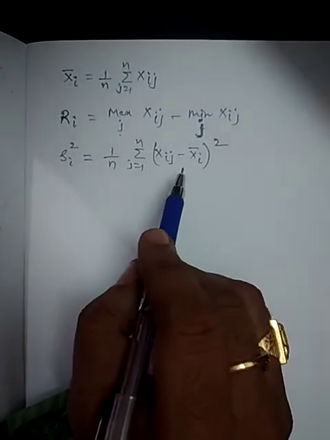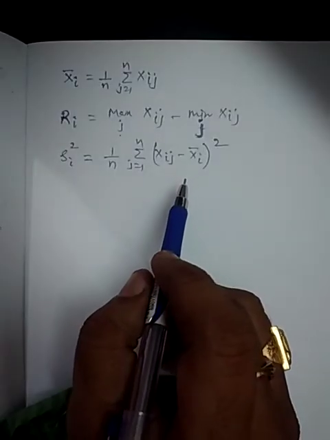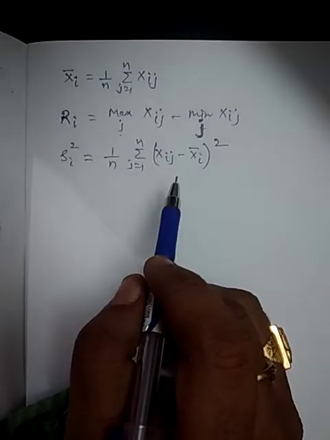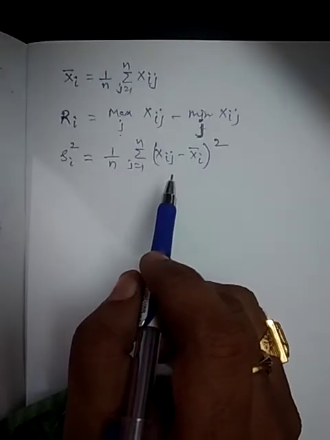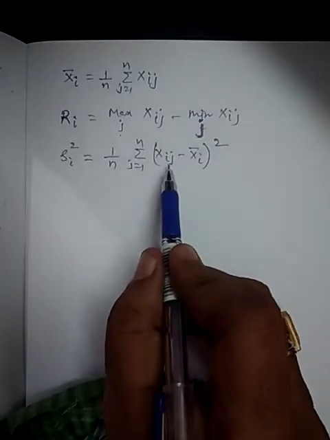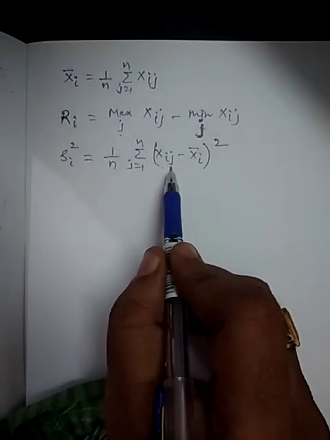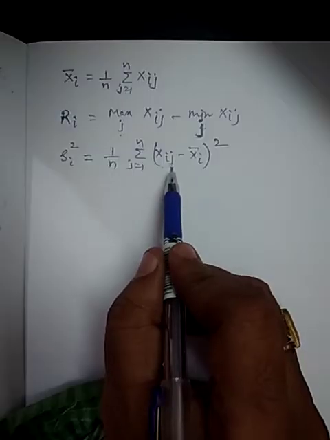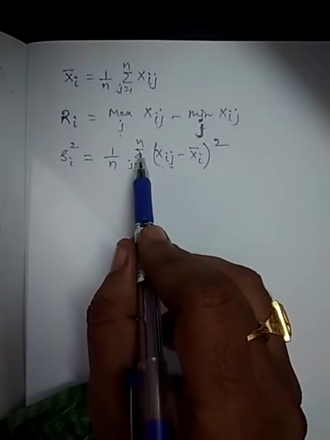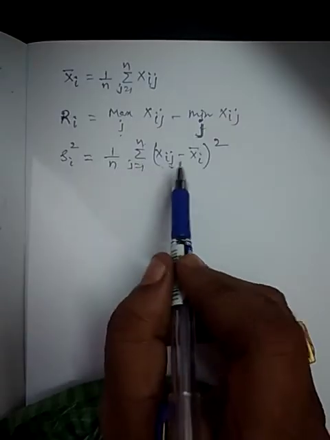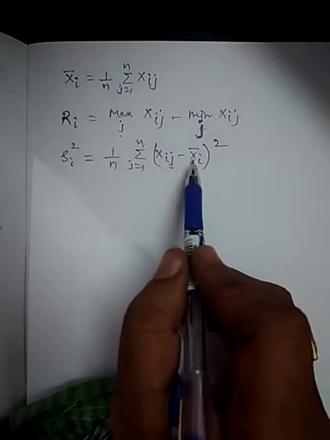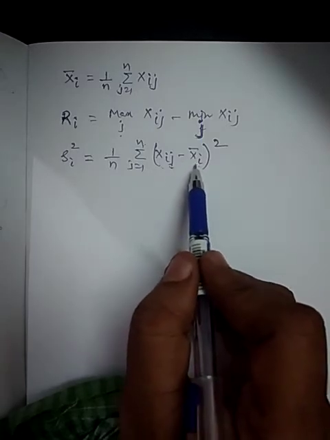This is the usual formula of the mean, but you have to consider the observations xij in the ith sample, all the observations xi1, xi2, up to xin, where you have n observations, therefore j is equal to 1 to n, summation of xij minus x bar i whole square, for which the sample mean is x bar i.